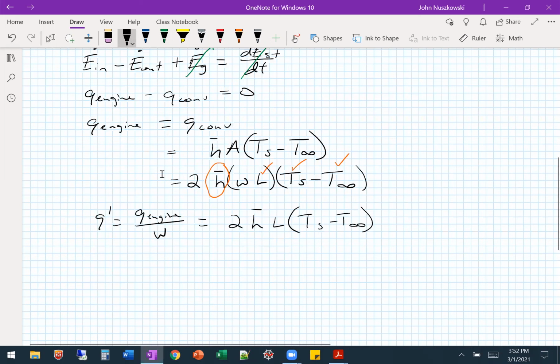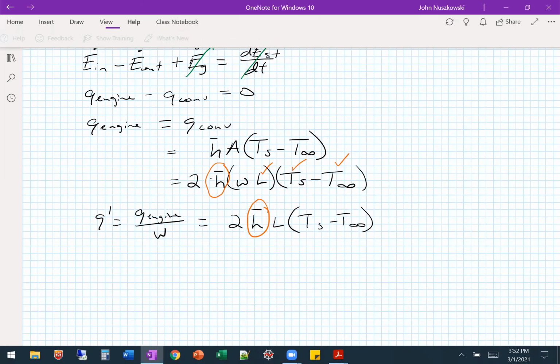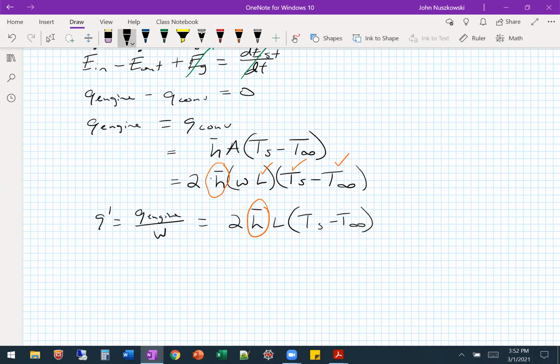Okay. All right, so now we need to figure out the convection coefficient. So where do we start to do that? What do you think your first step is in getting this convection coefficient? The Nusselt number. The Nusselt number, okay. All right, so Nusselt number.